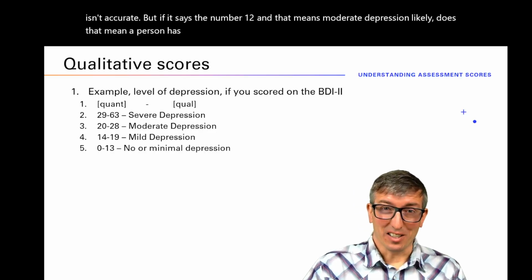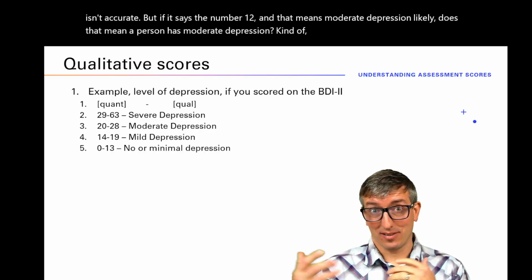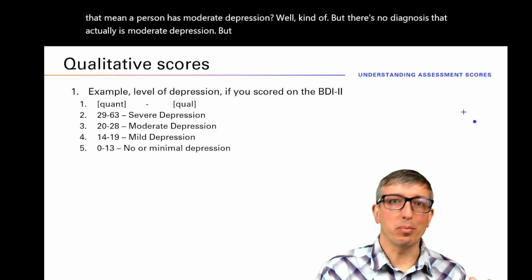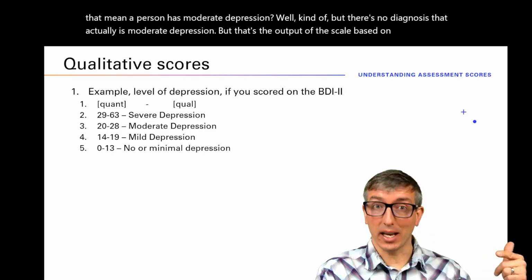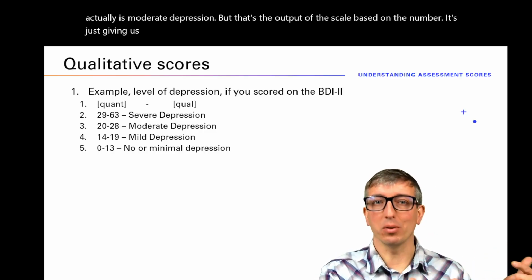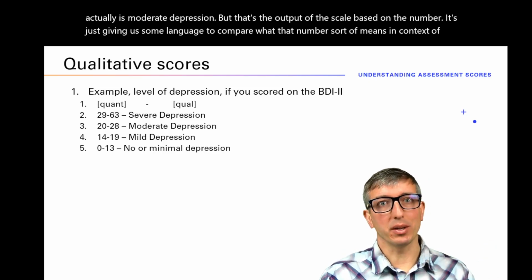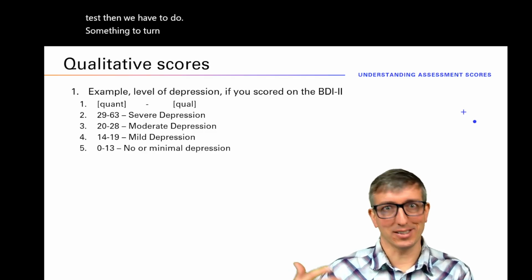Well, kind of, but there's no diagnosis that actually is moderate depression, but that's the output of the scale based on the number. It's just giving us some language to compare what that number sort of means in context of the test. Then we have to do something to turn it into a diagnosis, which again is practiced later.